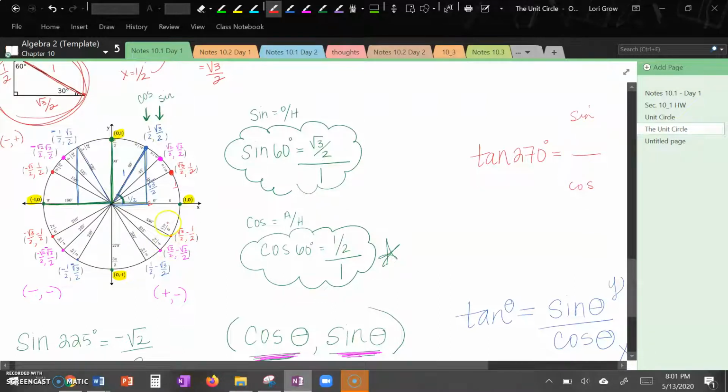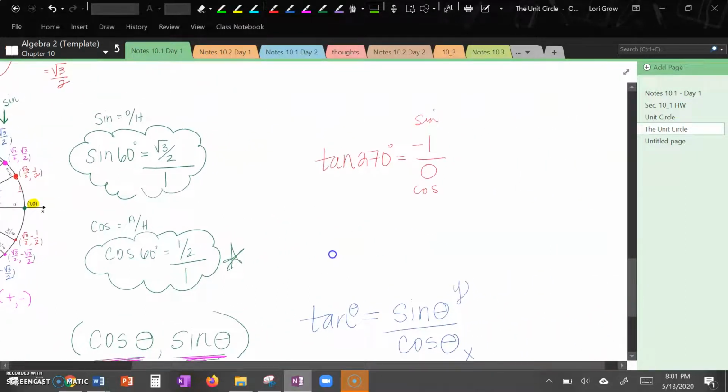And even though they're not these fancy radical numbers, the first one is the cosine, and the second one, the y value, is the sine. So the sine is -1, the cosine is 0, so the tangent of 270 degrees is -1 over 0. Now, we all know that when you divide by 0, you're not allowed to do that, right? That is undefined. So the tangent of 270 degrees is undefined.